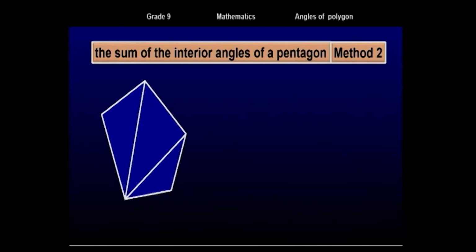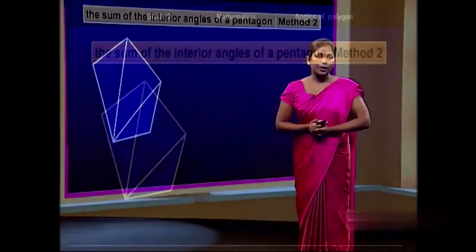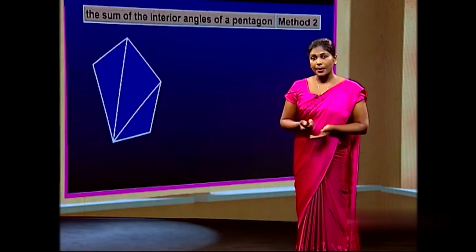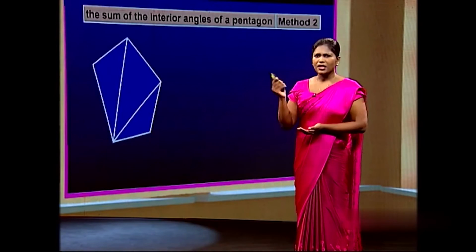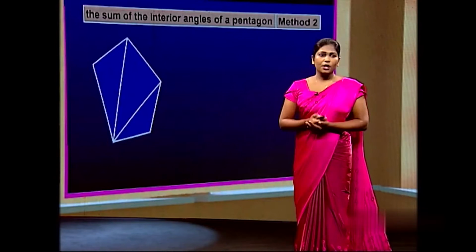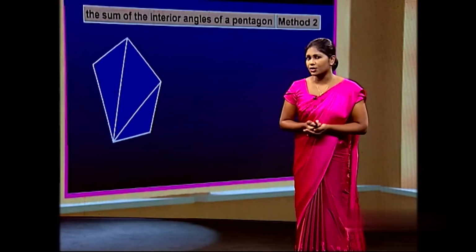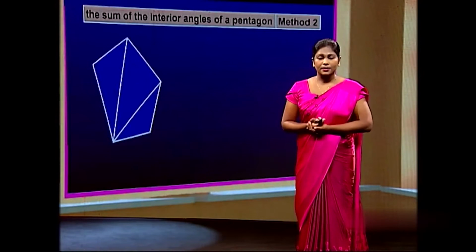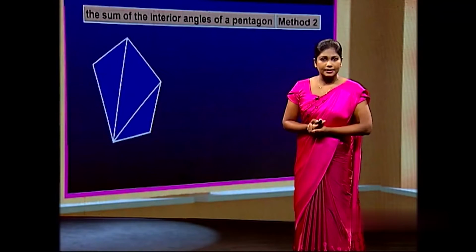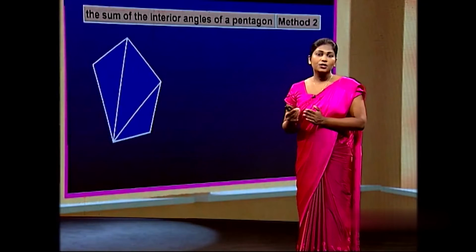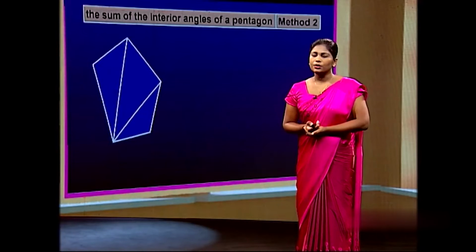Now there are 3 triangles here, but the number of sides is 5 because this is a pentagon. Here the number of triangles is 3. So what is the relationship between the number of sides and the number of triangles? Yes, 5 minus 2 is equal to 3.